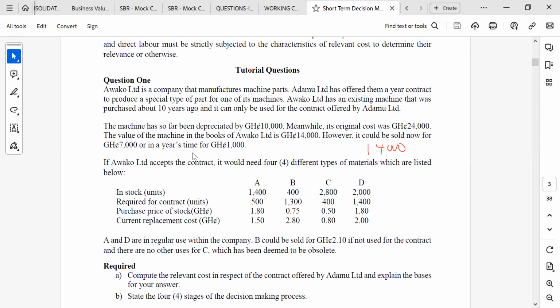The machine can be sold now for 7,000. If we don't sell it right now and we use it on the contract, we will be selling it in the future for 1,000.